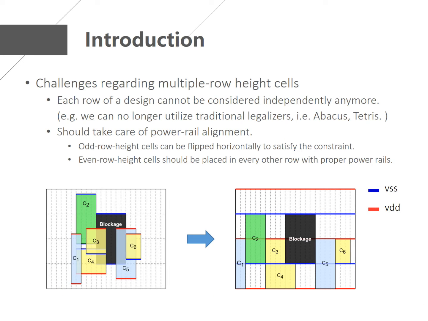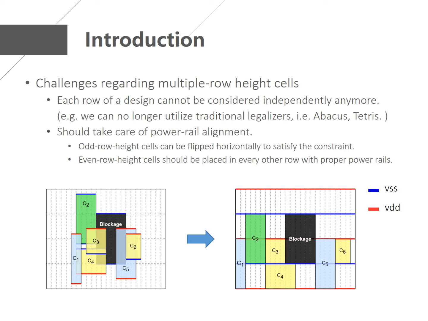Here are some challenges regarding multiple row height cells. In order to reduce the problem complexity of legalization, traditional legalizers process the circuit row by row. With multiple row height cells, we can no longer consider each row of a design independently. Obviously, this escalates the difficulty of legalization.